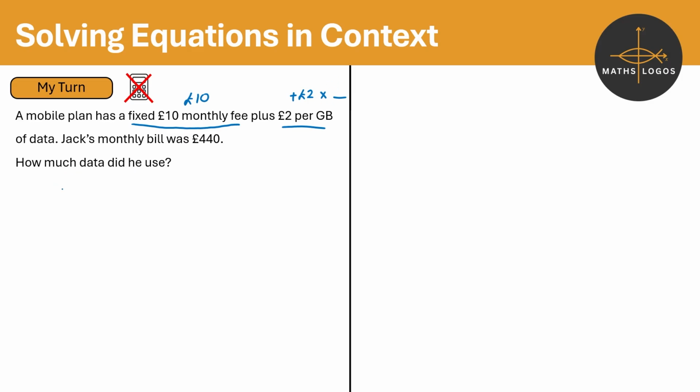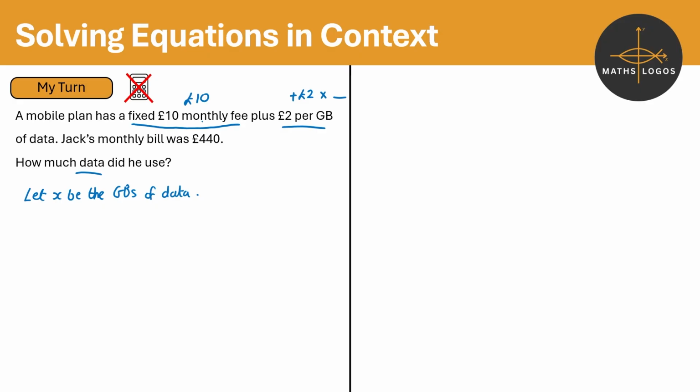When we're forming an equation from context, we want to identify what our variable is, what is the unknown we want to find out, and let that be equal to x. The last line of our question tells us what the unknown is. It says how much data did he use. So we're going to let x be the number of gigabytes of data. We'll then go back to our question and form an equation.